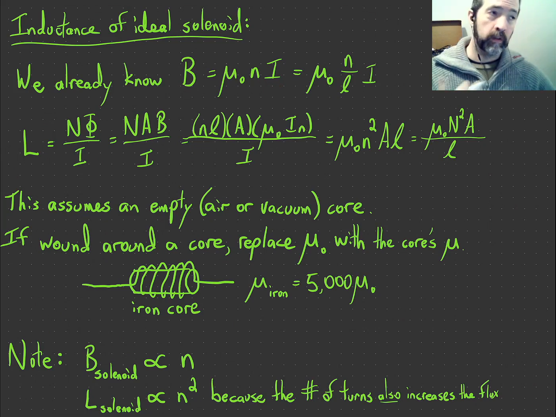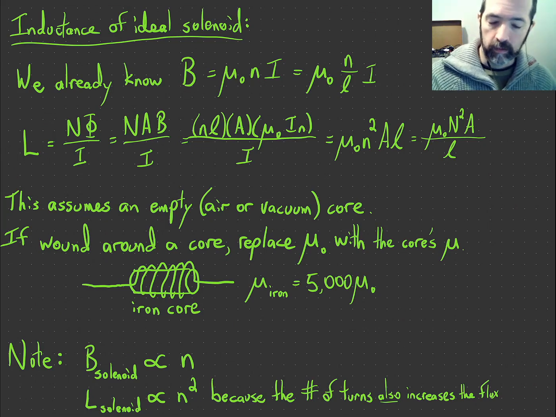So for a given device, if you increase the current, the magnetic field gets stronger. And for a given current, if the number density of the wrappings is higher, that also strengthens the field inside. And so you can write it in terms of either little n or big N. I'm noticing that that should be a big N, so I'm going to change that right now.